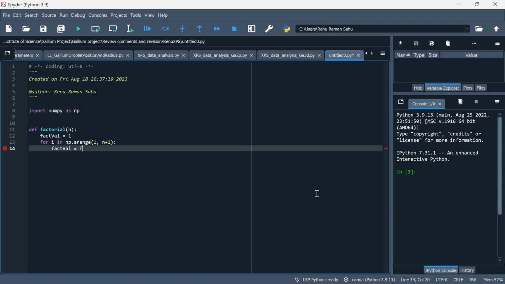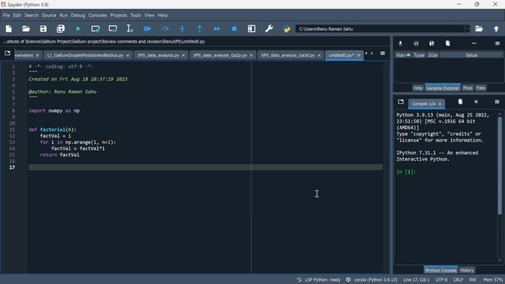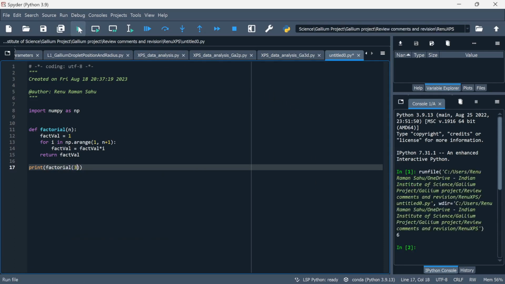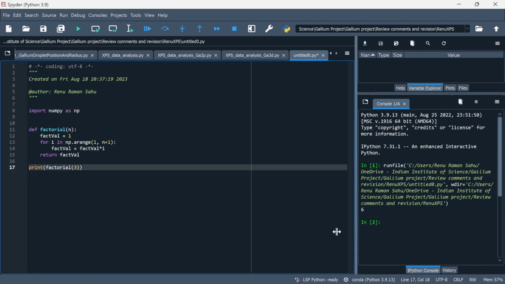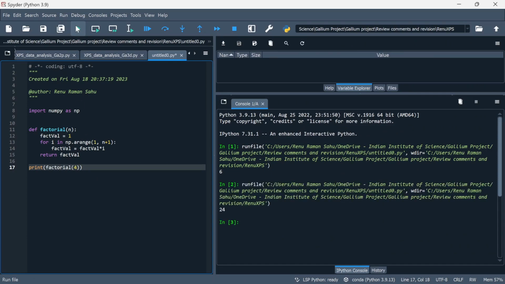Fact val is equal to the factorial. What this will give you is, let's say, print factorial of 3. You can see the results here: 3 factorial is 6, 4 factorial is 24.